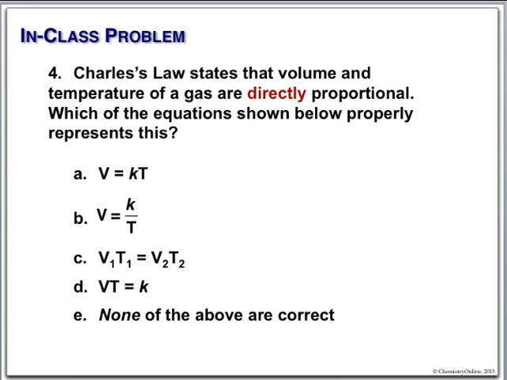All right, now we have a bunch of equations. And the question very simply here is, which of these is Charles's law? Okay? Now we know that Charles's law tells us that volume and temperature are directly proportional. Right? Remember that. We know that.